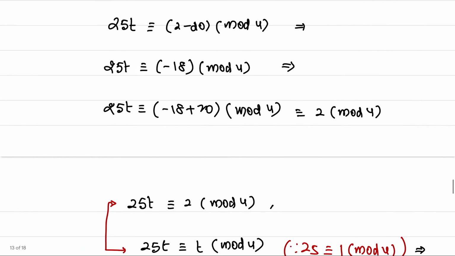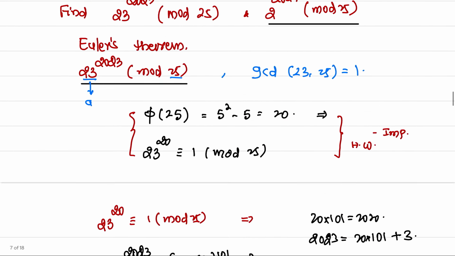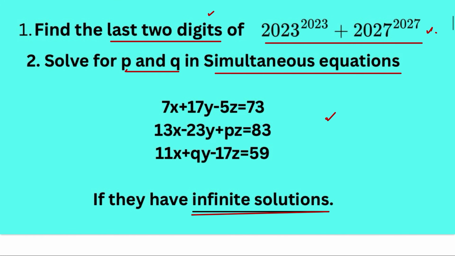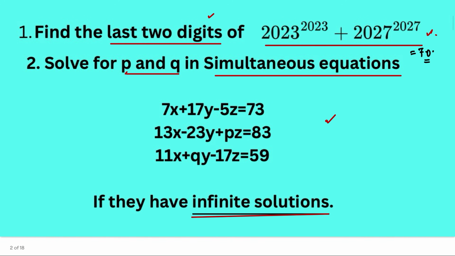Now, this question is a very big one because we have taken up two important questions. One is, this answer is 7 and 0, and the second question is to solve for P and Q in simultaneous equations: 7x plus 17y minus 5z is equal to 73, 13x minus 23y plus pz is equal to 83, 11x plus qy minus 17z is equal to 59.